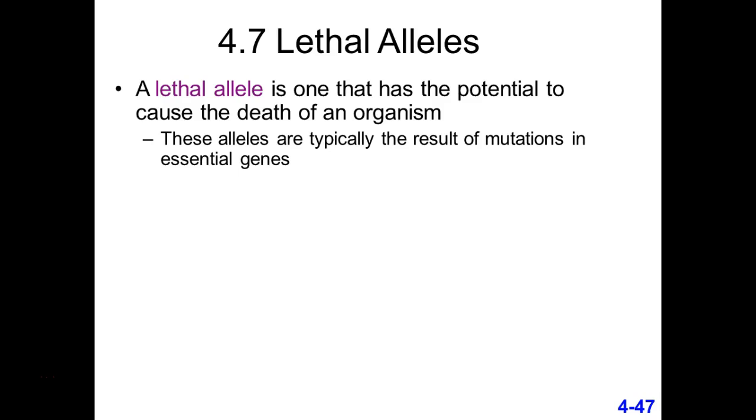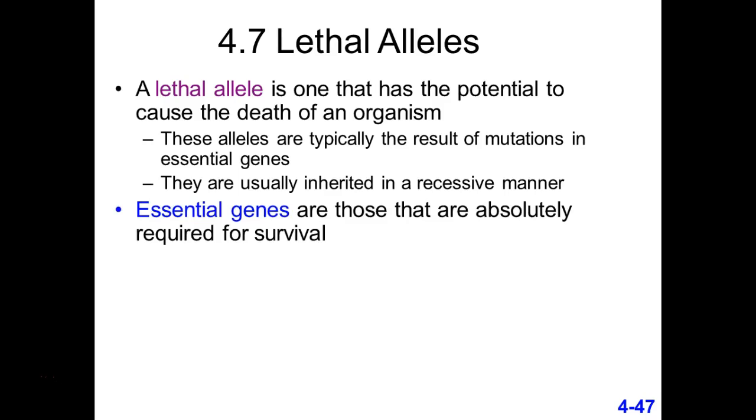These are usually the result of mutations, so if something didn't get copied right, it gets passed on. Usually in a recessive manner, because otherwise, if it was dominant, it might wipe out 3/4 of a heterozygous cross. The homozygous, if it was dominant, would not exist, because you'd be dead or almost dead.